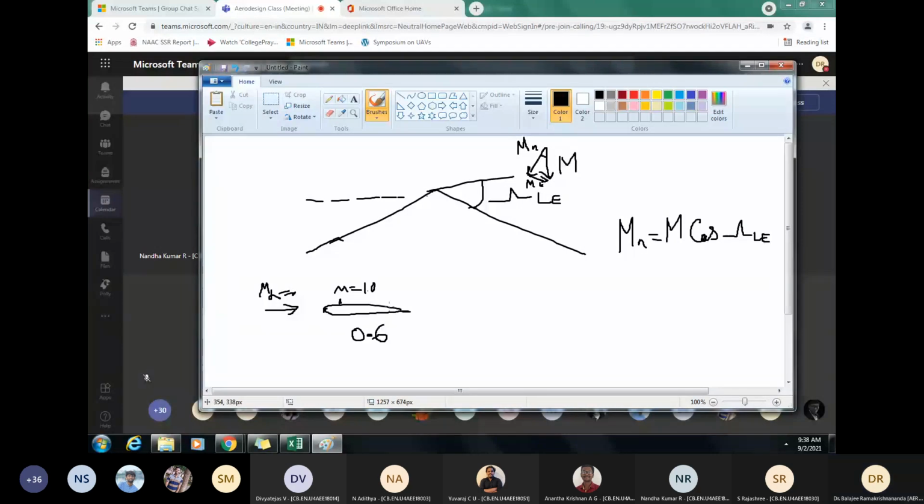Now, if you give a sweep, instead of M infinity being 0.6, Mn being 0.6 is what is taken. Which means that your critical Mach number is now 0.6 divided by cos lambda, so your M infinity can be increased.